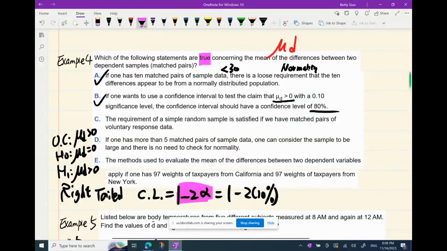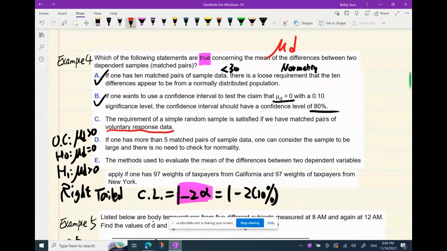Let's look at C. The requirement of a simple random sample is satisfied if we have matched pairs of voluntary response data. In the first couple chapters of this course, we learned the voluntary response sampling method.